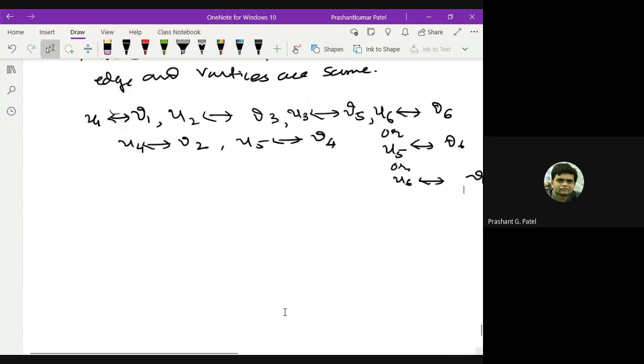But the next question that I am writing is for this graph, and this is the graph.